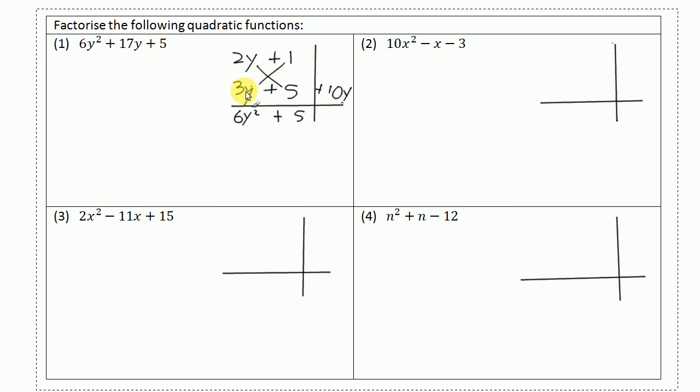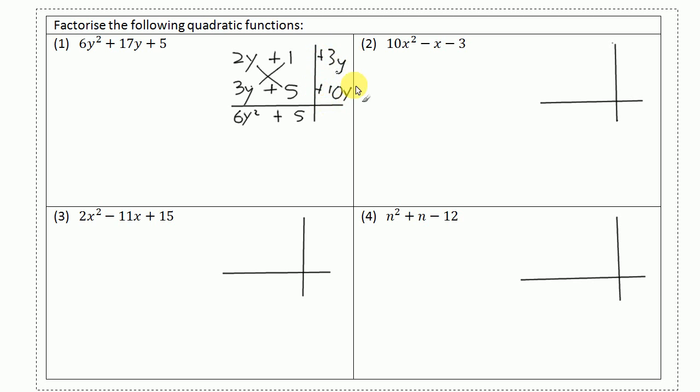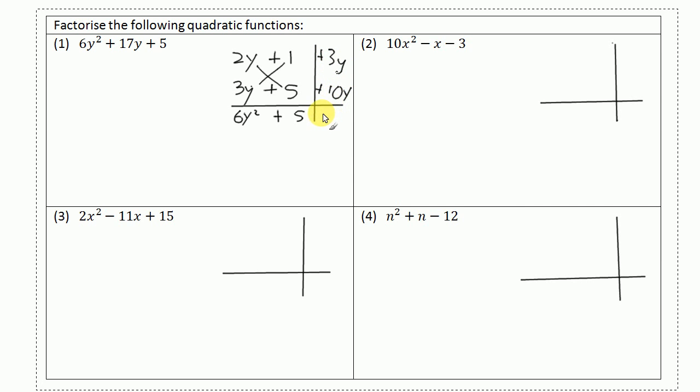And plus 1 multiplied by 3y will give you plus 3y. Now the final step, you add these two together. Plus 3y plus 10y when added together give you plus 13y.